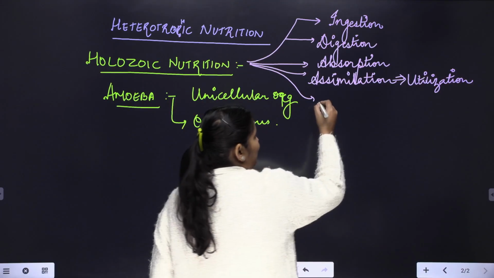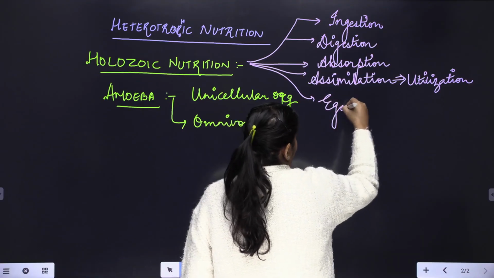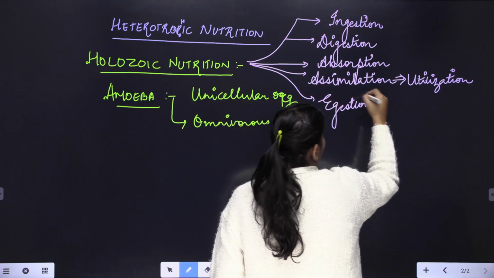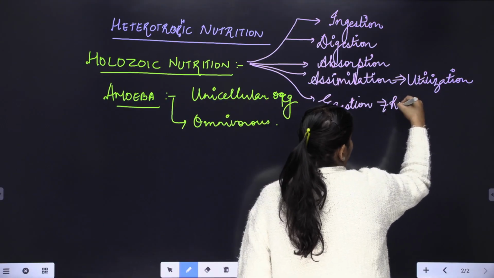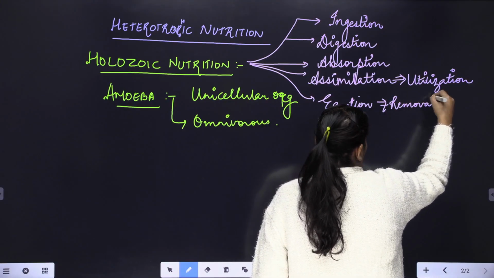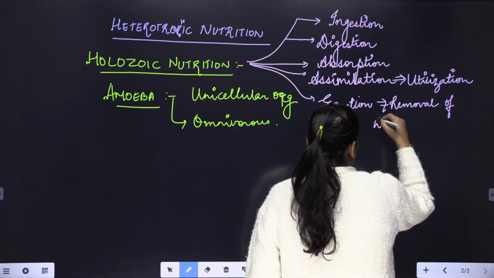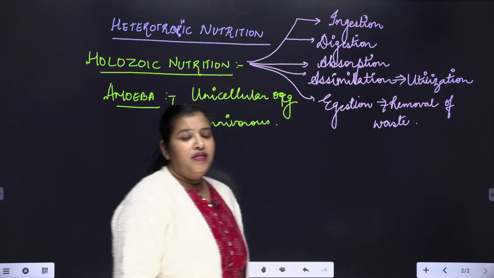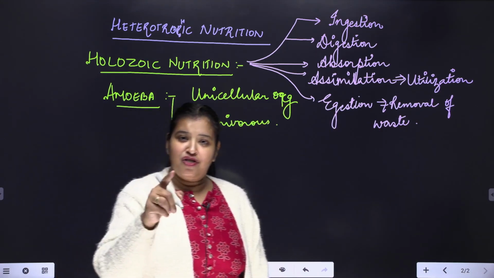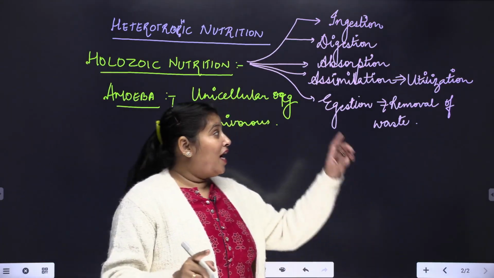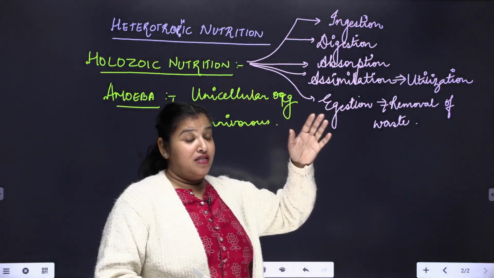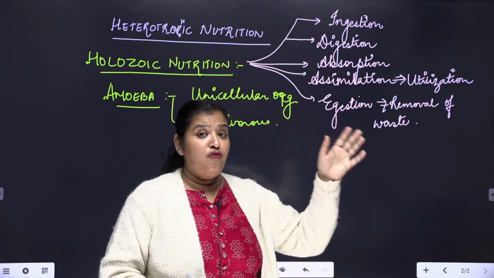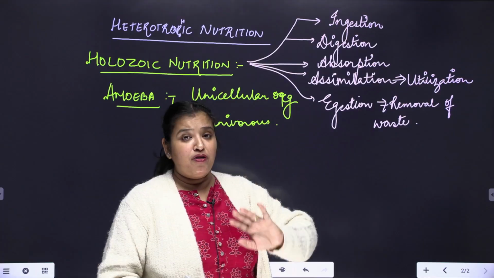And last step is egestion, where removal of waste takes place. Now, this waste does not involve the nitrogenous waste. Now, you can correlate. I told you that I'll be talking about egestion or removal of solid waste in chapter nutrition.